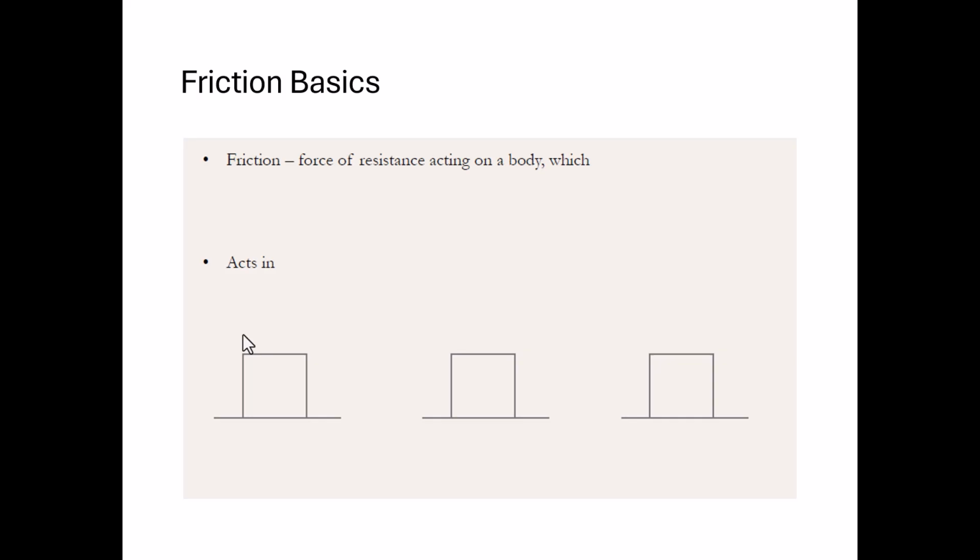So friction. What is friction? Friction is a force of resistance acting on a body, which prevents or resists the slipping of the body relative to a second body.